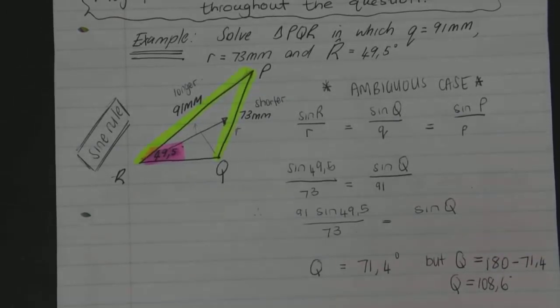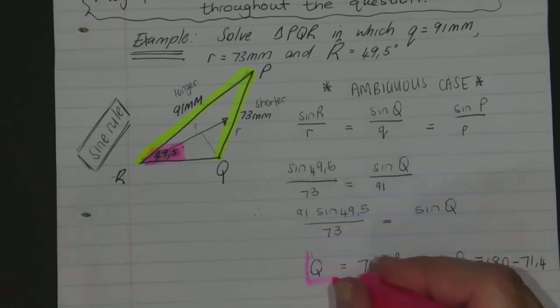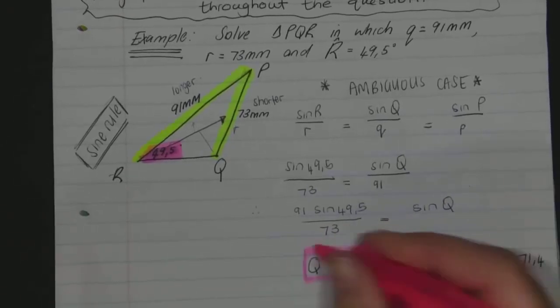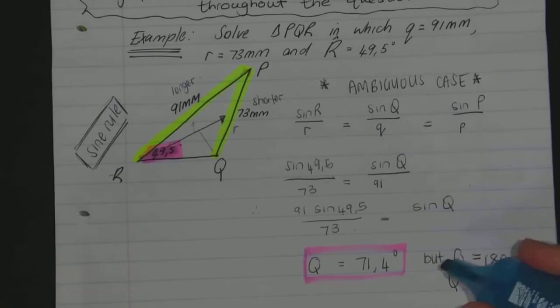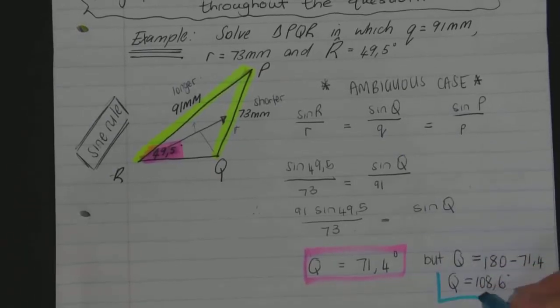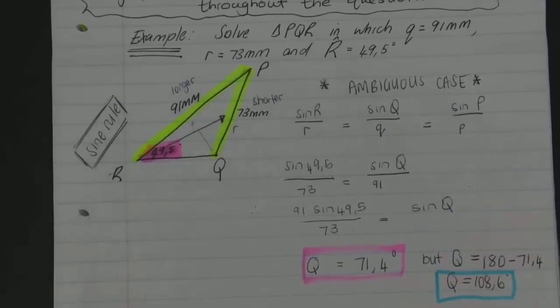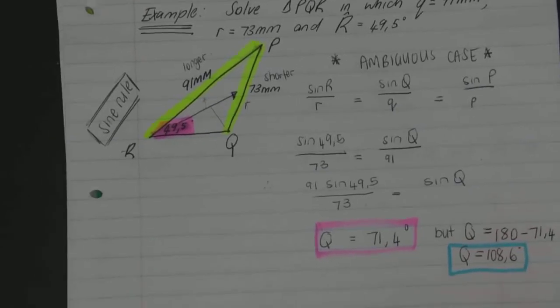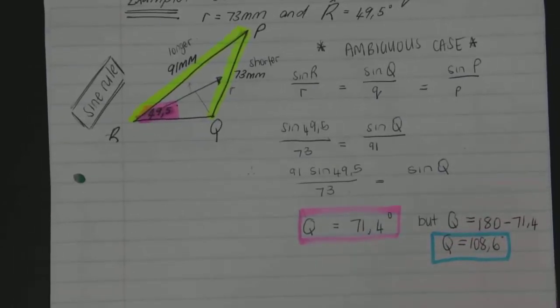So there are my two options. My first option, Q is equal to 71. My second option, Q is 108. So now we have to do two versions of this.